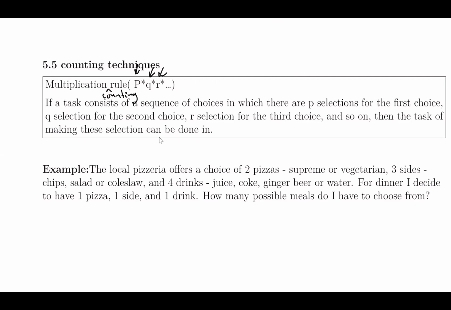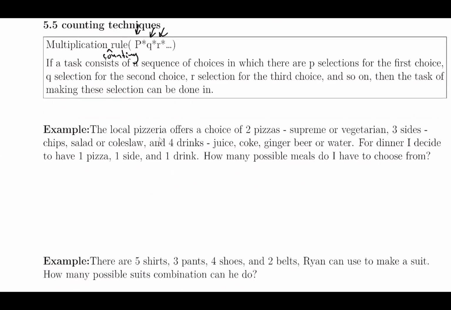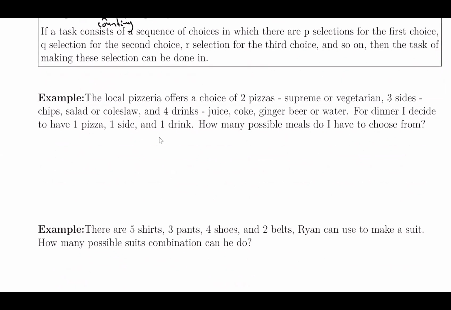The P, the Q, and the R represent all of the different ways these events could occur. Then we multiply them all out, and that gives us the total number of outcomes. For this problem, we're actually gonna do it the long way, and then I'm gonna show you how to do it with the multiplication rule, so you can see how the multiplication rule works.